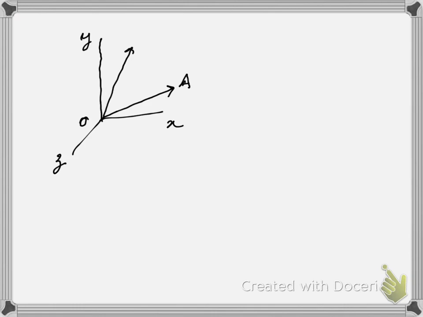Now, how do we find a vector with the help of two vectors? For example, O is origin, A is a point, B is another point. So we have to find a vector from A to B with the help of vector OA and vector OB.